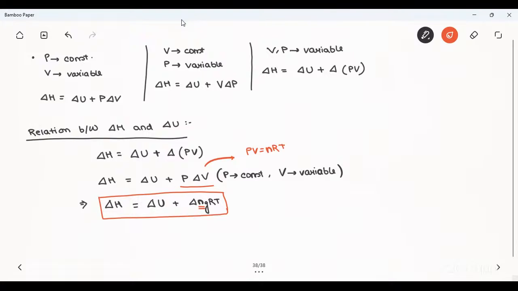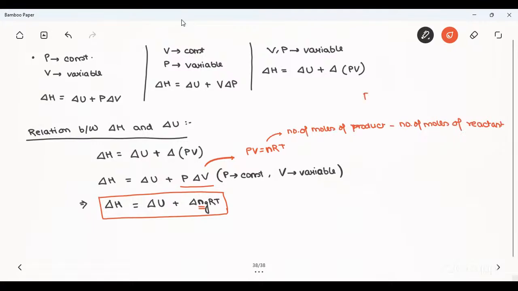What is n_g, ma'am? n is the number of moles. Delta n_g is the number of moles of product minus the number of moles of reactant. In an equation, the number of moles is just the coefficient, right?